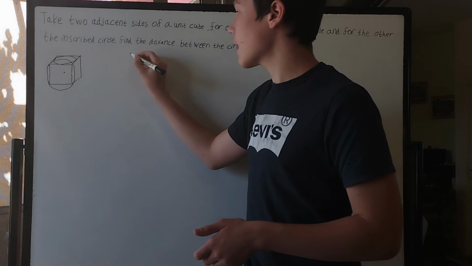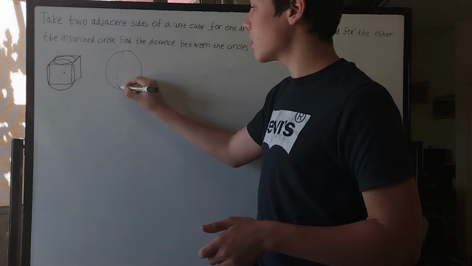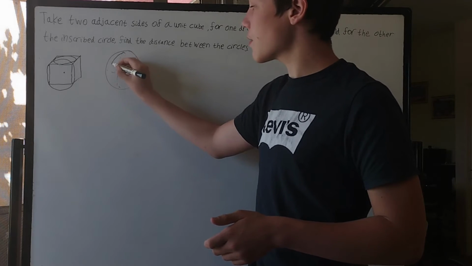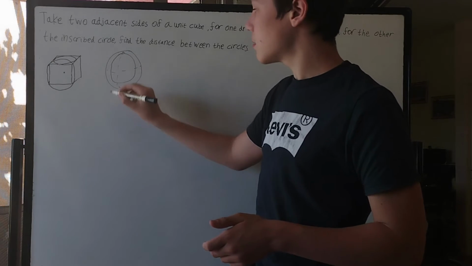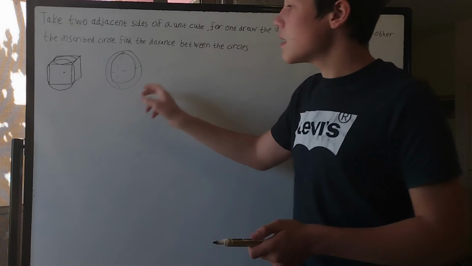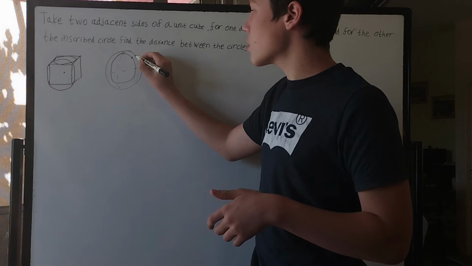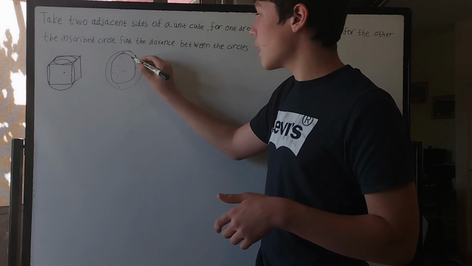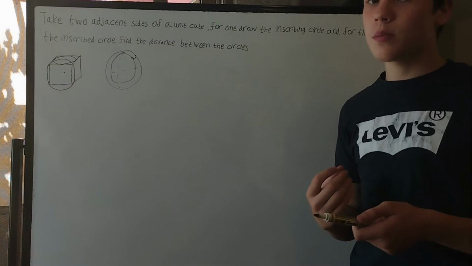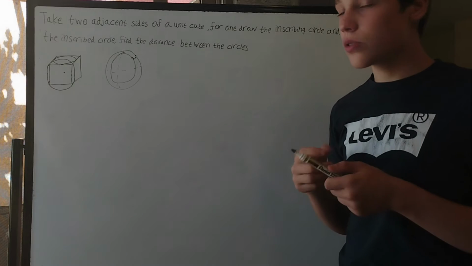So what we'll get is a sphere and another sphere inside it. It's a bit of a bad drawing, but you get what I mean. The distance between them will be just the difference of the 2 radii.